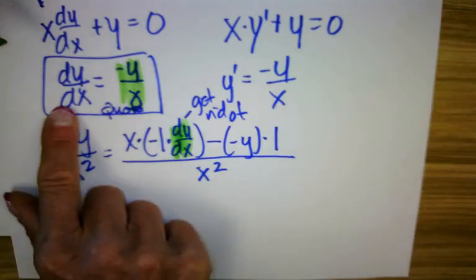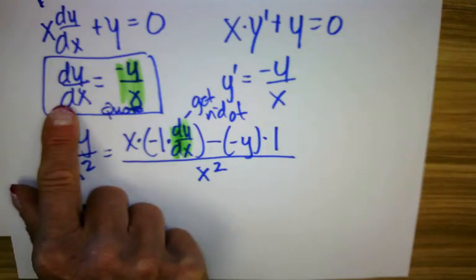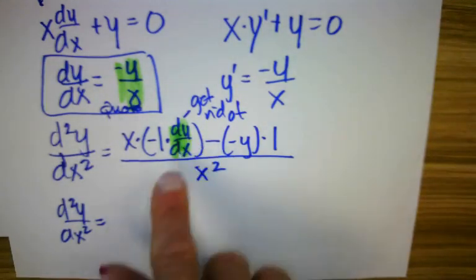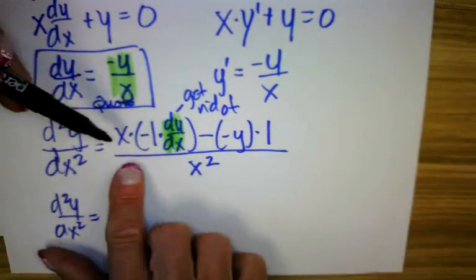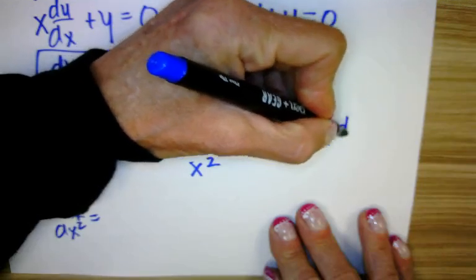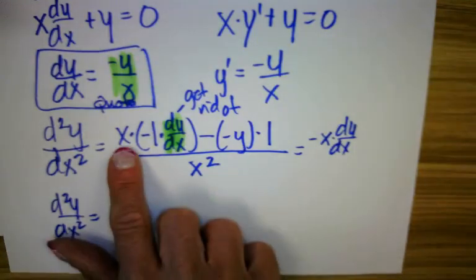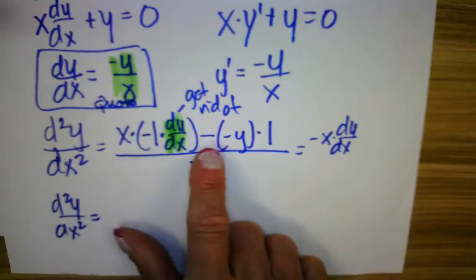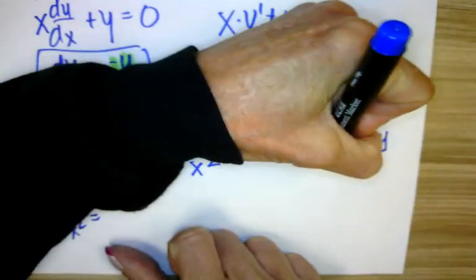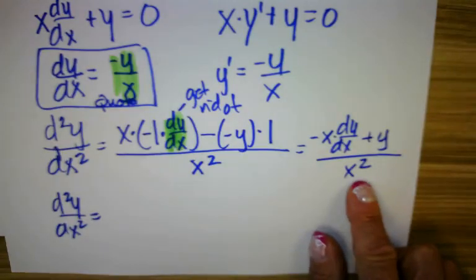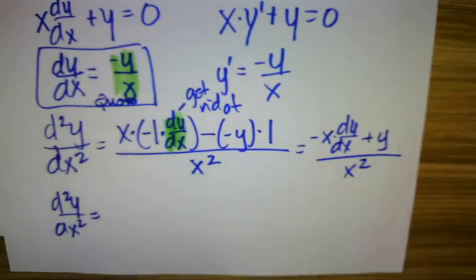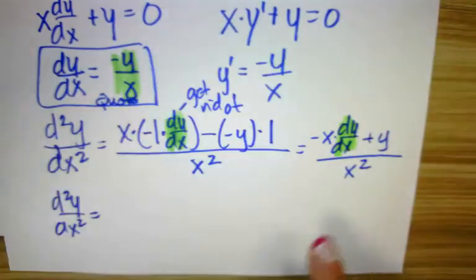I'm just going to write this a little nicer, because x times negative 1, can't I just write that as negative x? Right? Isn't that just negative x? And then a negative times a negative is a positive. Doesn't this look a little nicer? It's the same thing, okay? Now I'm going to change this into negative x over y. So I have negative x, parentheses, y over x plus y over x squared.